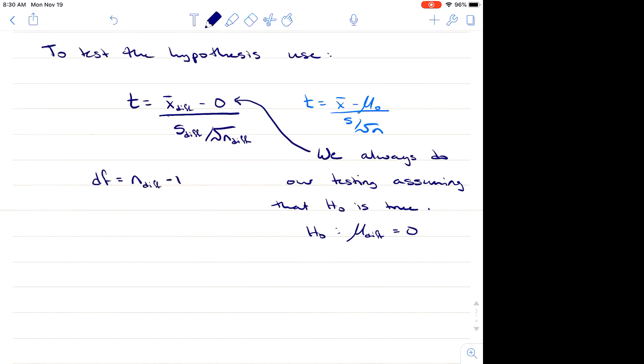So matched pairs is really nothing new. It's just this idea that in the beginning, we've collected 2 observations on each individual, and then we need to find the differences.